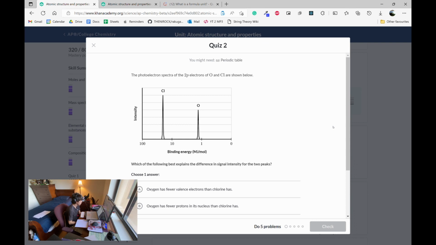Photoelectron spectra of the 2 proton electrons. Is that what it means? No. Well, they wouldn't have 2 protons. What? 2p. Yes.